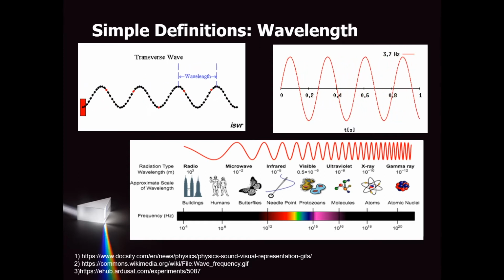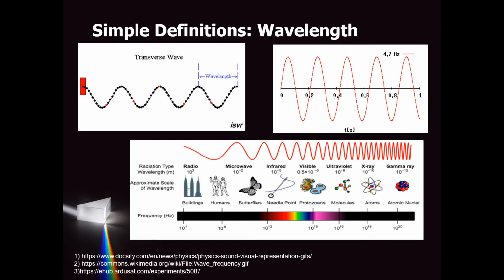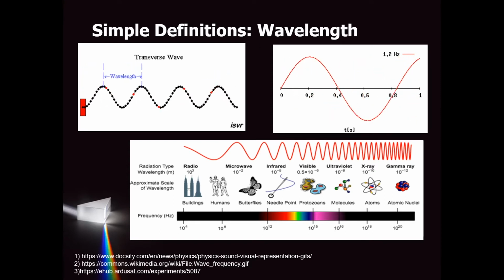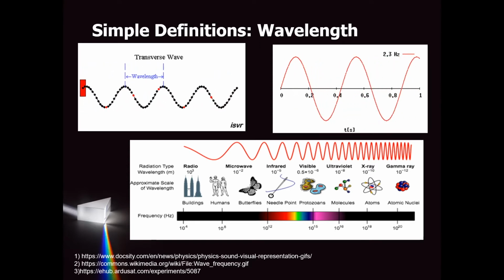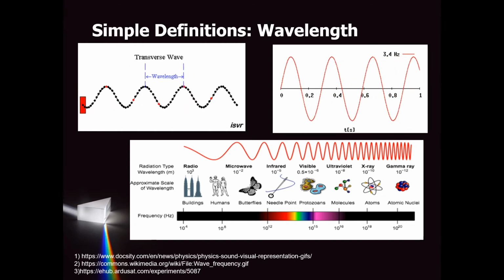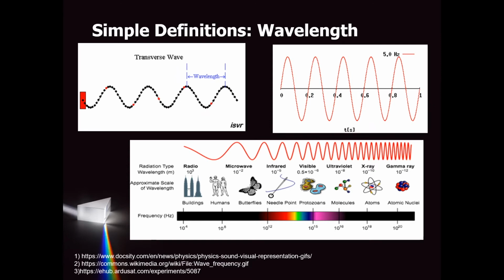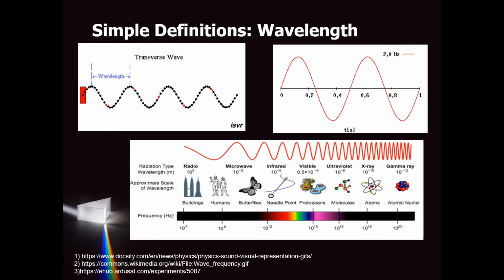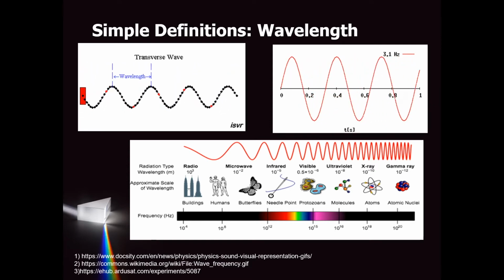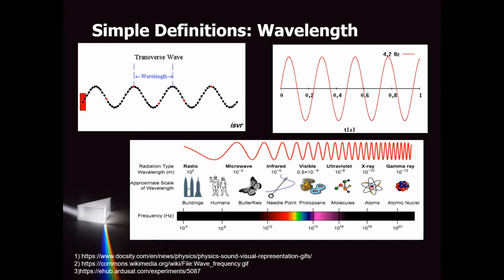And if you go toward the left, you are getting toward the longer wavelength regions, like radio waves. In our lab, we mainly work in the middle region, I mean the near infrared region.